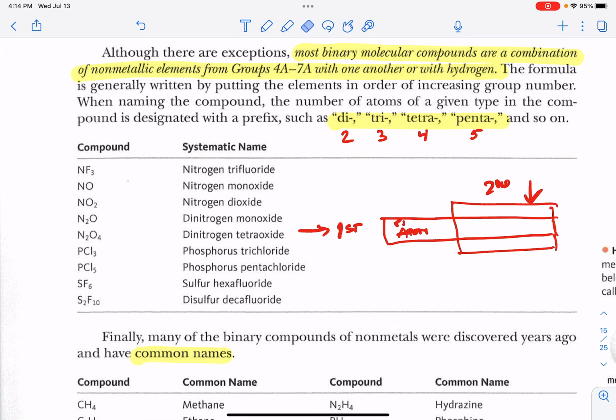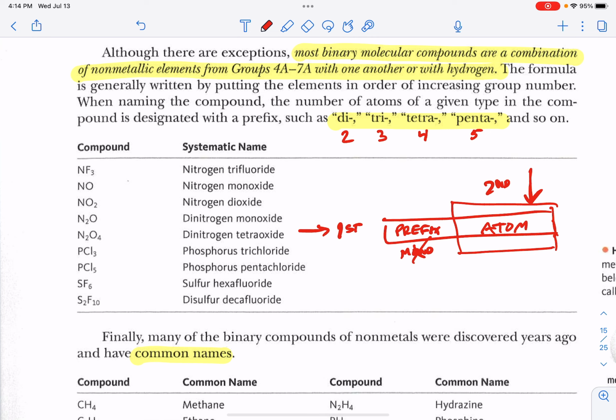Let's fix that. So we have our prefix, depending upon the number of atoms in the first element in the compound, but we do not use the prefix mono for the first name. And then we have the name of the atom.